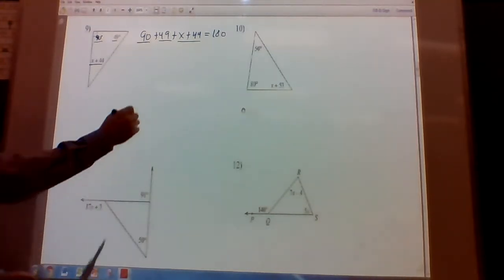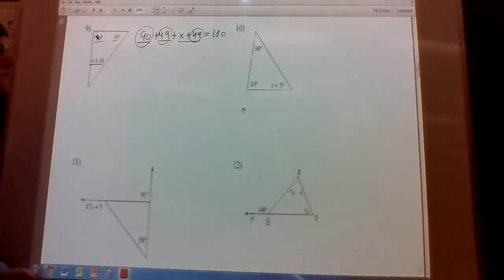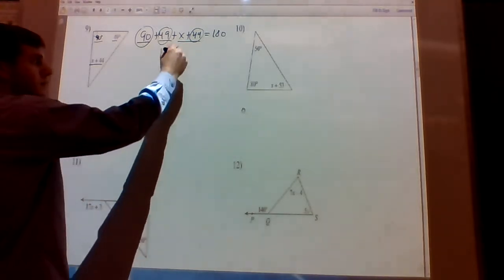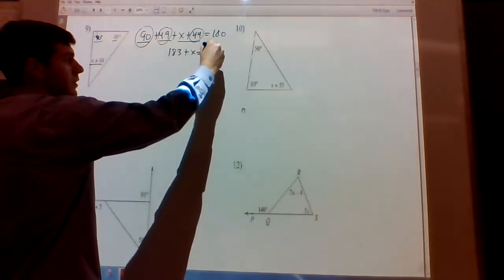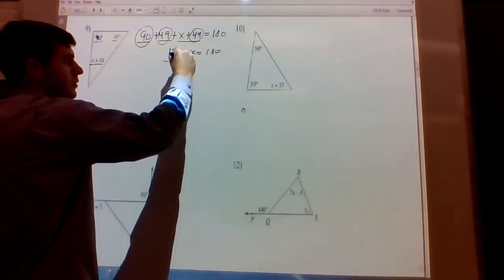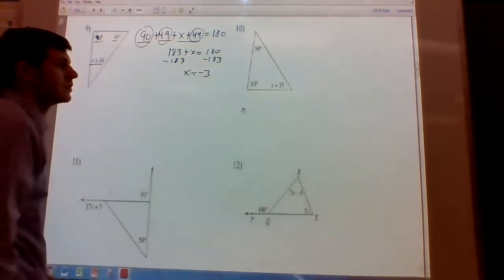We combine like terms: 90, 49, and 44 give us 183. Plus x is 180. Subtract 183. x is going to be -3.